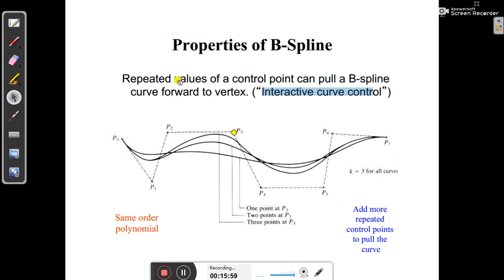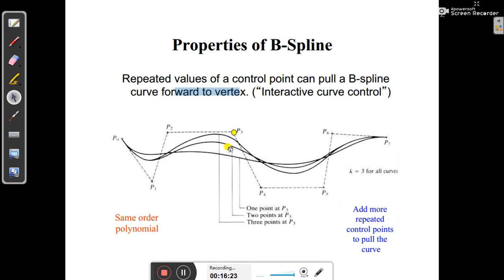So if we use repeated values of a control point, suppose P3, it can pull a B-spline curve forward to the vertex.